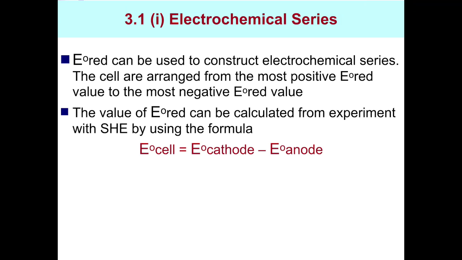The value of E° reduction can be calculated from an experiment with SHE by using the formula E° cell equals E° cathode minus E° anode. So, what we have learned from the SHE experiment can be used to construct the electrochemical series.